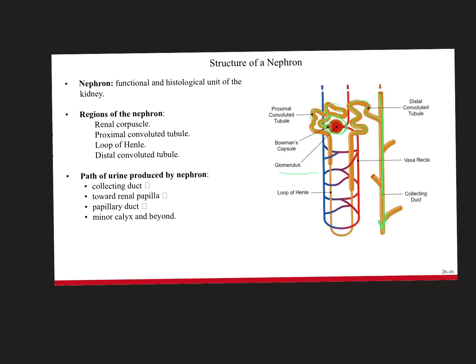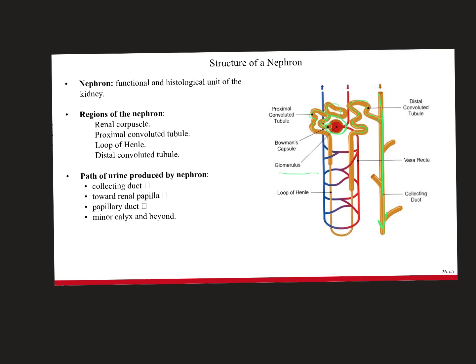Now, when we're talking about the path that urine travels, we're going to make urine in the nephron. Urine does not exist until it gets to the distal convoluted tubule.